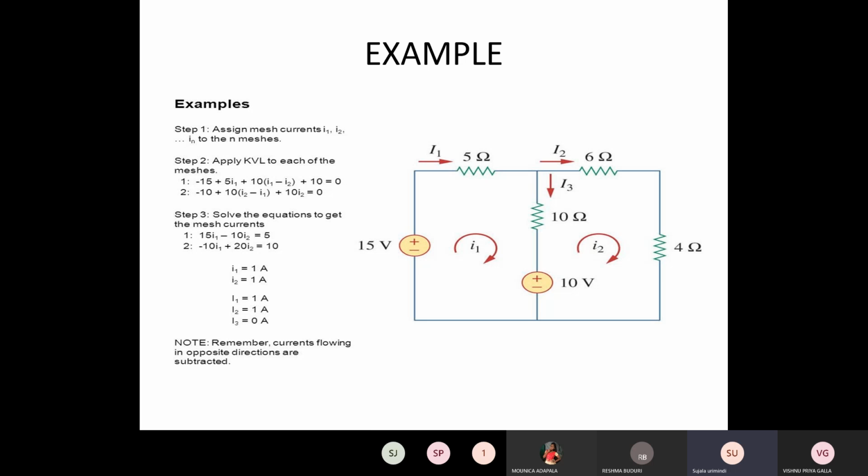So when you write down the equation for loop 1, the I1 current is the first preference, that is I1 minus I2. When you write the equation for the second loop current, I2 will be taken as the first preference, I2 minus I1. Like that you have to write down the equations.